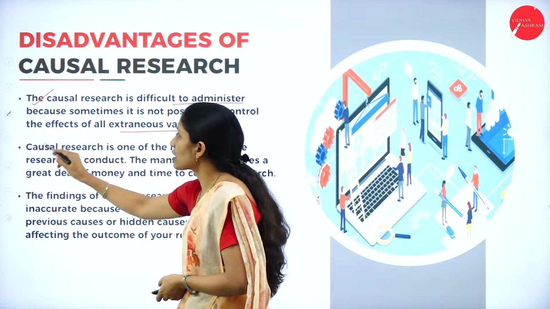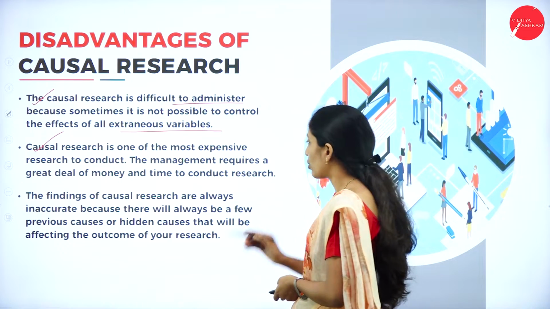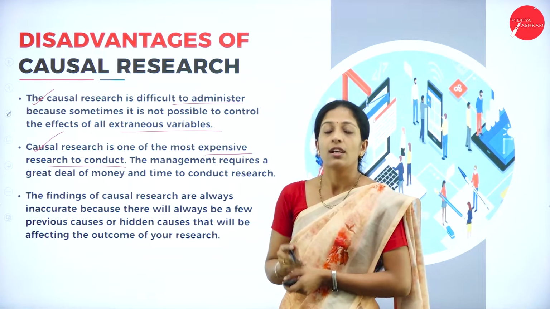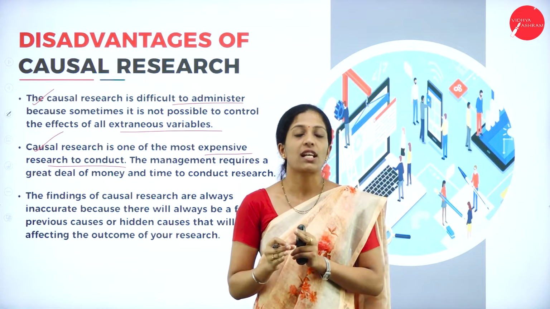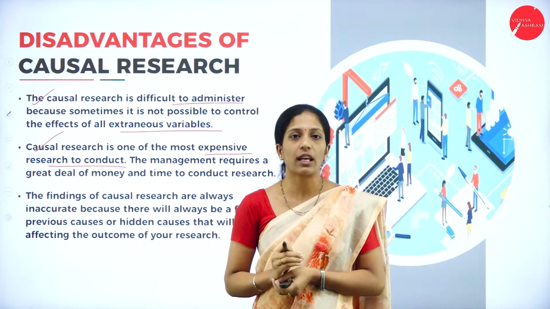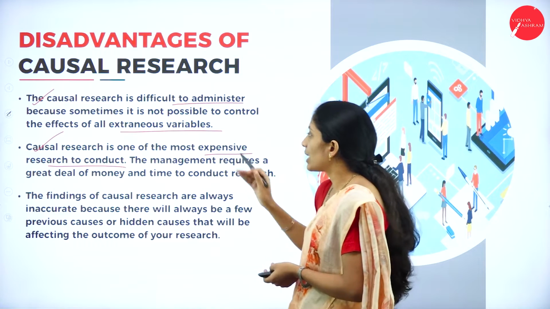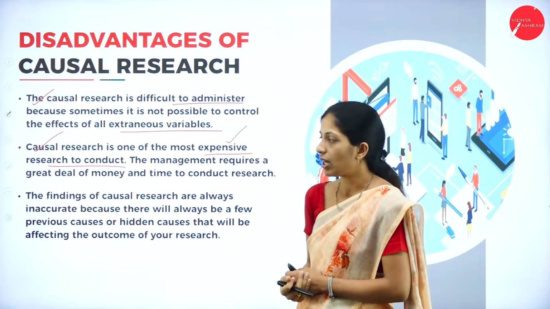And the next one is, causal research is one of the most expensive types of research to conduct. Here a lot of experiments have to be done, a lot of changes have to be made. We have to observe carefully the cause and effect relationship. So it is very expensive when compared to any other type of research.